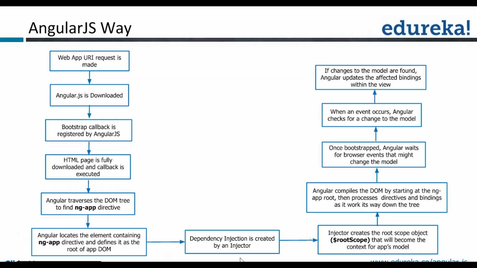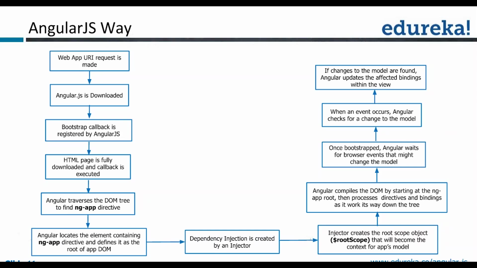And also we have something called dependency injection. So if you're coming from a background of Java and J2EE, dependency injection was introduced in Spring, wherein we don't have to worry about the dependencies in our application. We can externalize those configurations, and at runtime Spring will provide those dependencies. Same thing in AngularJS also.